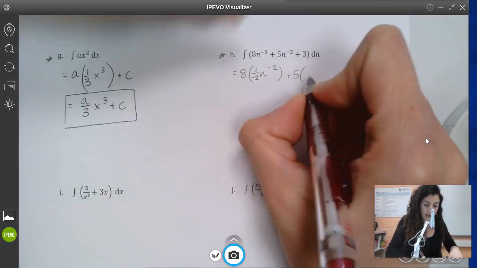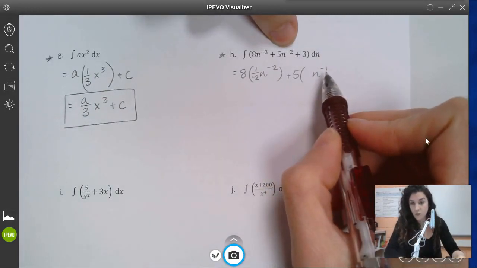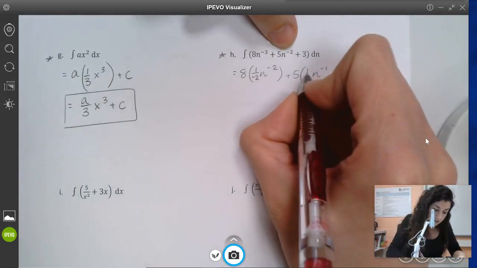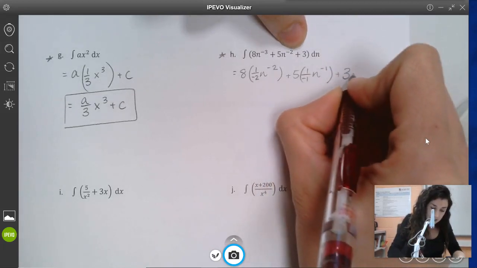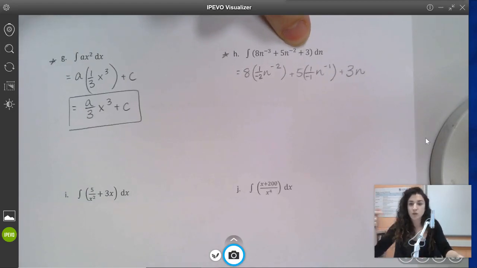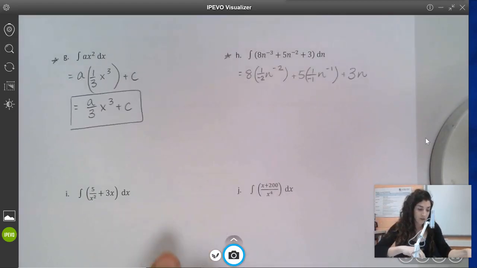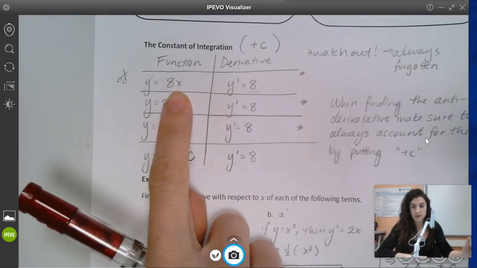Plus 5, okay. Well, n now is going to become n to the negative 1, plus 1 on that negative 2, and then I divide by negative 1, plus 3n. Now, hopefully we can start establishing that ritual of when we were finding the derivative of 8x, you're like, oh, it's just 8. It's just 8, right?